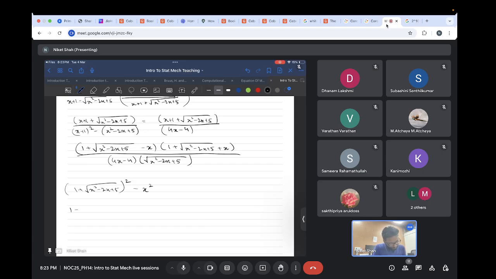So 1 plus x square minus 2x is 5 plus 2 square root of x square minus 2x plus 5 minus x square. Just x square goes away.